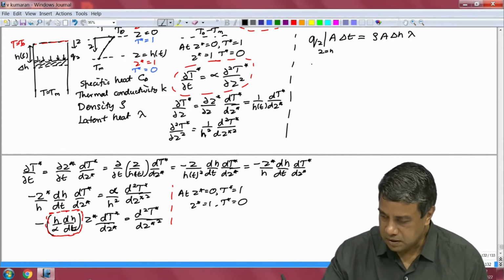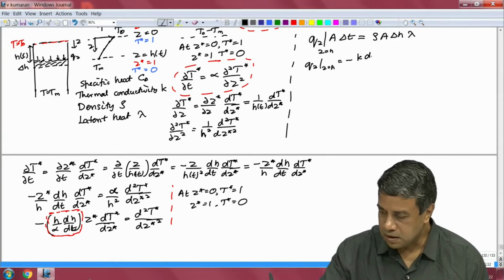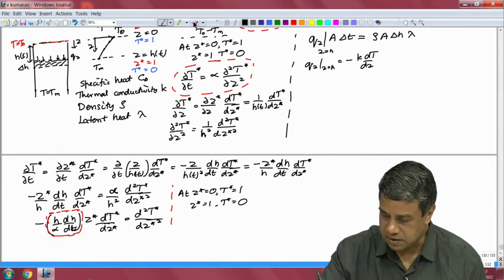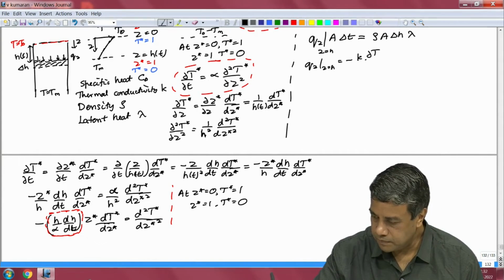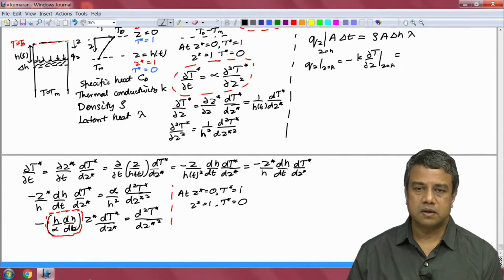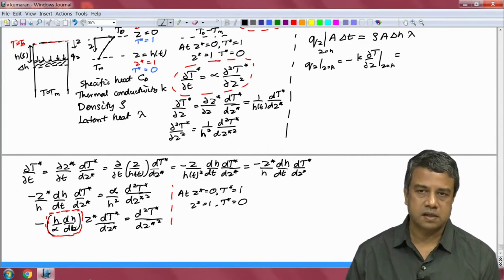Now, Qz at z equal to h is equal to minus k dT by dz. This is actually a partial derivative. Substitute T in terms of T star, and z in terms of h.